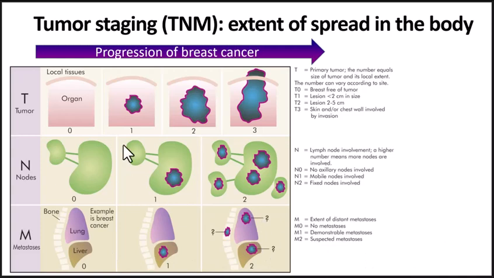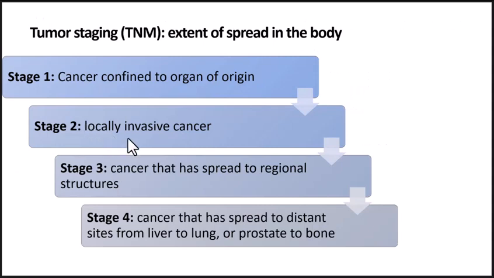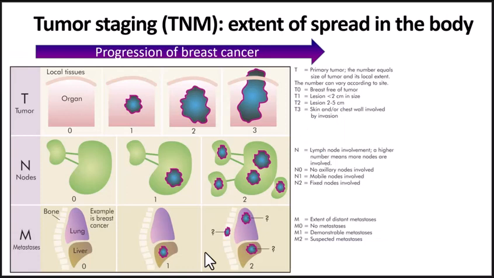Now with stage 2, in terms of tumor size, we would see some invasion. And in particular, invasion of the skin in the area, again, talking about breast cancer, and or the chest wall has been invaded, which is represented in this image. And that lines up with what we've stated, locally invasive cancer. So in this case, in terms of N, it could be N0.